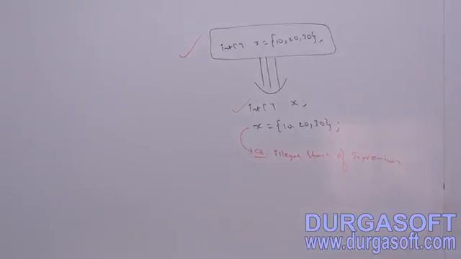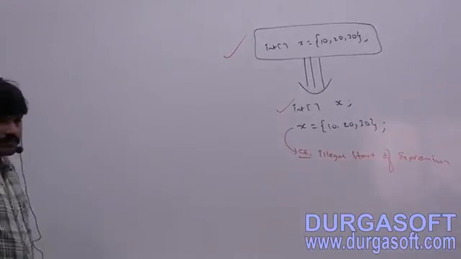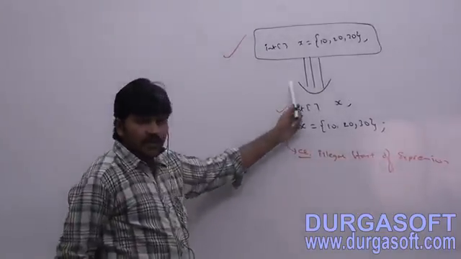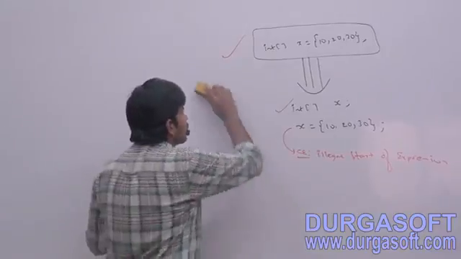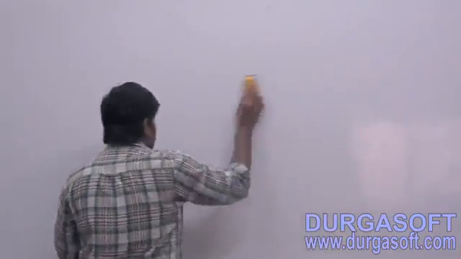I hope it is clear for all of you. Okay, that's all about array declaration, creation and initialization in a single line.